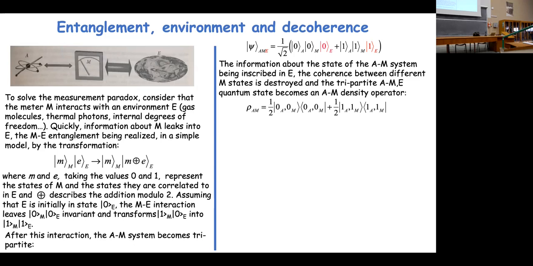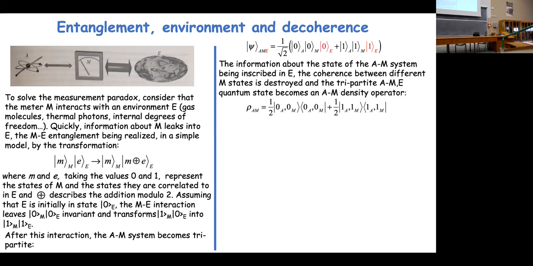Let's take an example. Suppose that you are looking at a needle on the screen or meter. If you look at it, you will never see the meter being in two different directions at the same time. It's clear that such a meter is coupled to all the photons which are around, which are in different states for different positions of the meter. A different position of the meter corresponds to orthogonal states of the photon field, which means that these are good pointer states.